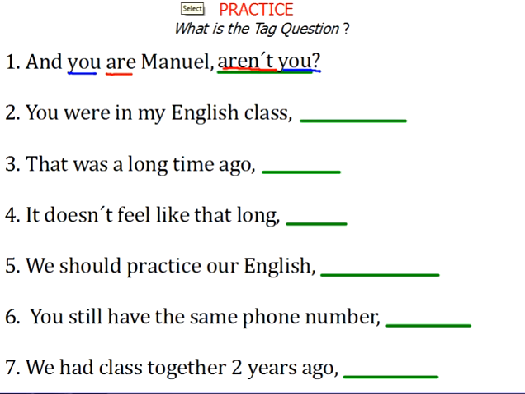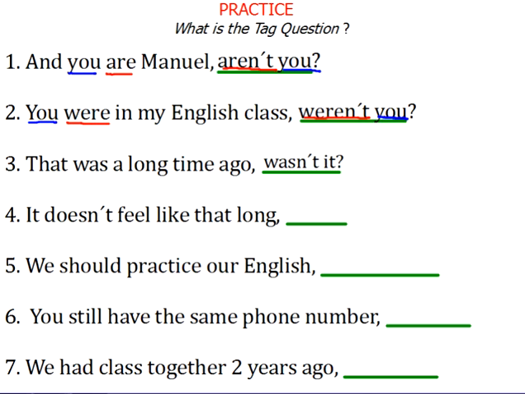Number 2, you were in my English class, weren't you? Again, I'm using the same subject, you and you, but I'm using the opposite of my auxiliary were in the tag, using weren't. Good. Number 3, that was a long time ago, wasn't it?